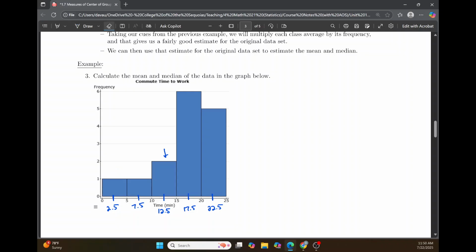Okay. So once you've given these best guesses of what the commute times are, then you can go back and find the mean and the median in exactly the same way that we did example 2.